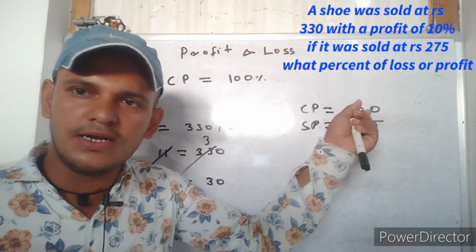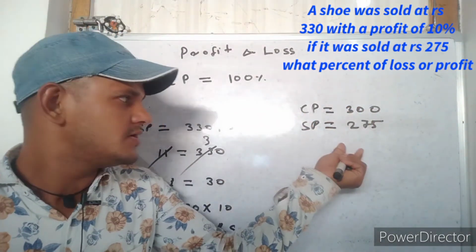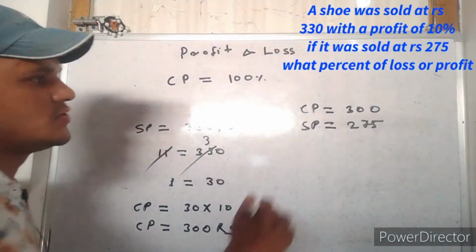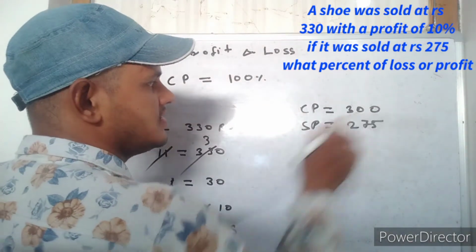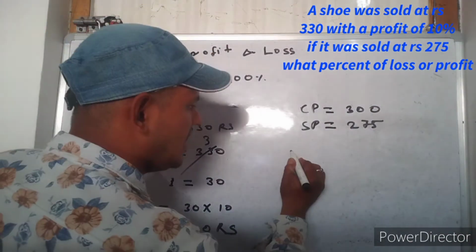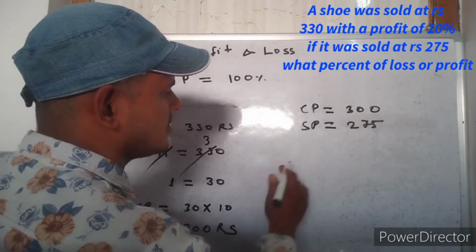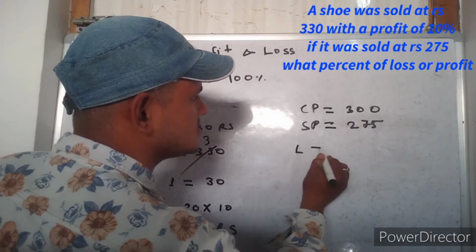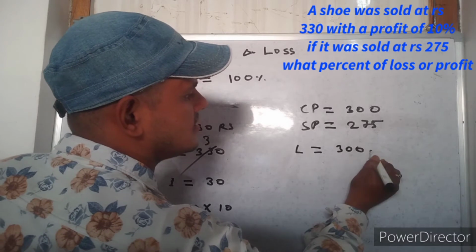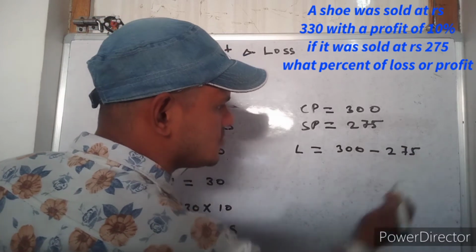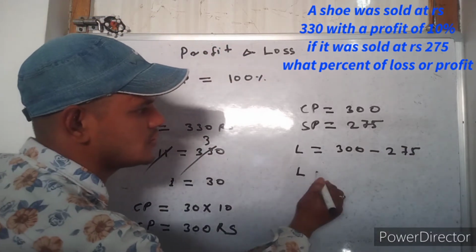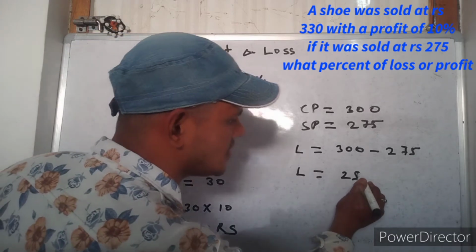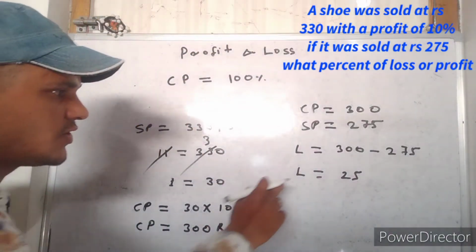So 275 is less than 300, so your loss is 300 minus 275. So loss equal to 25. This is our loss.